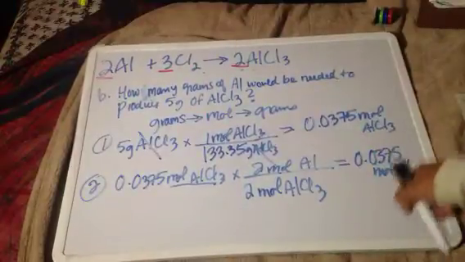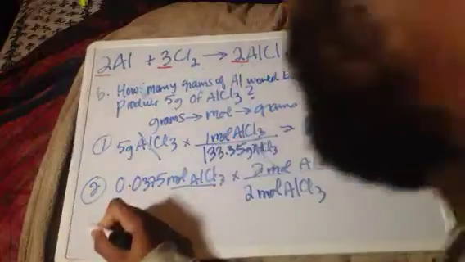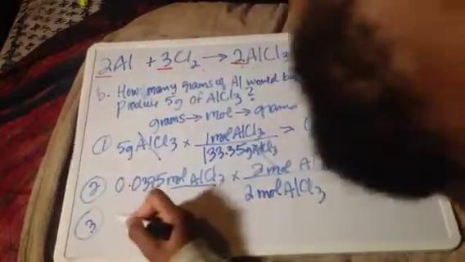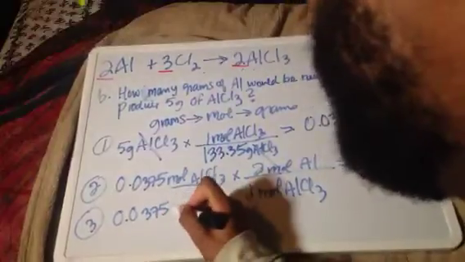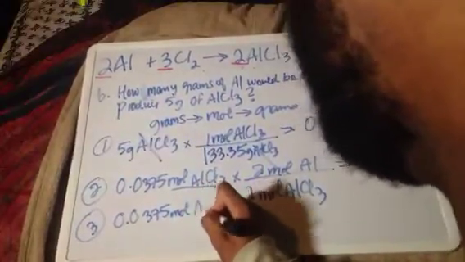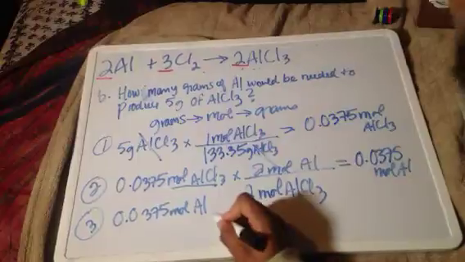Step 3 would be converting this to grams, which will be our final step. So 0.0375 moles of aluminum. Sorry, I'm running out of space here.